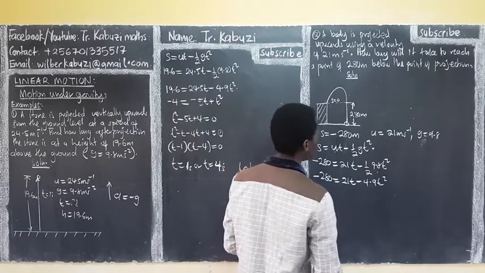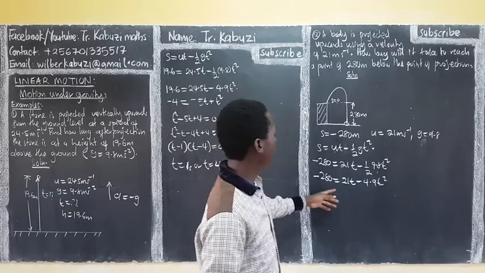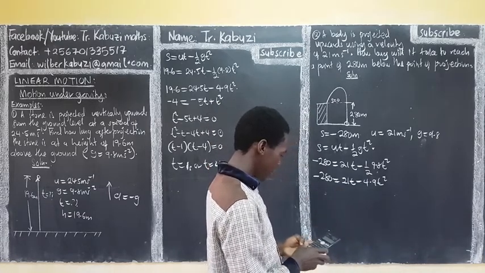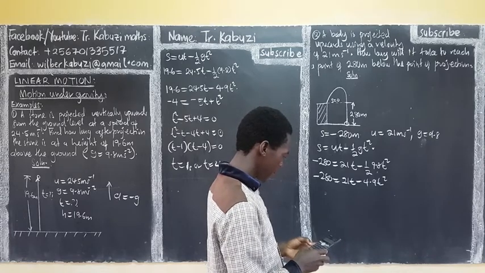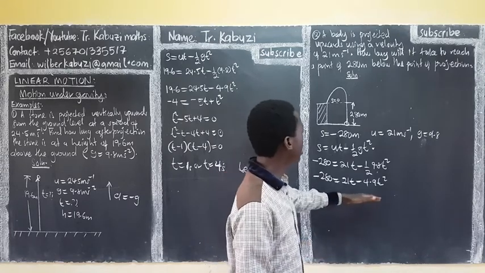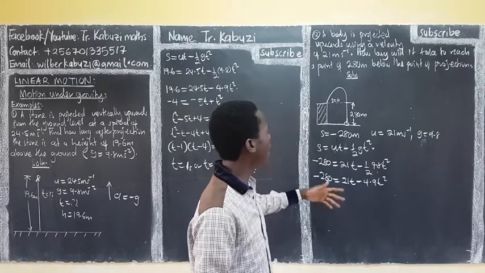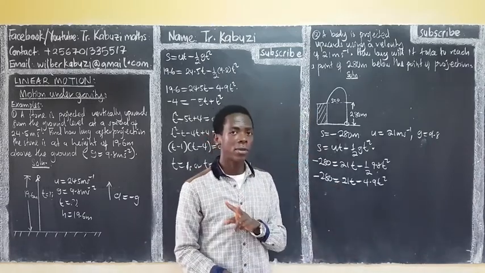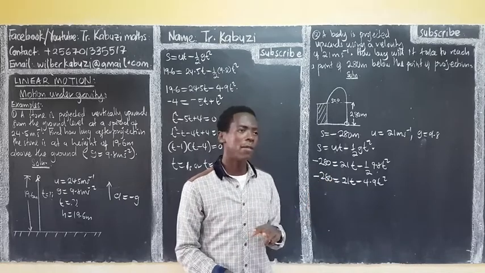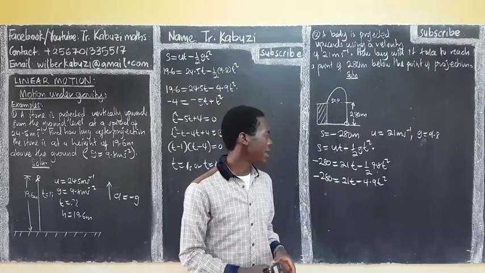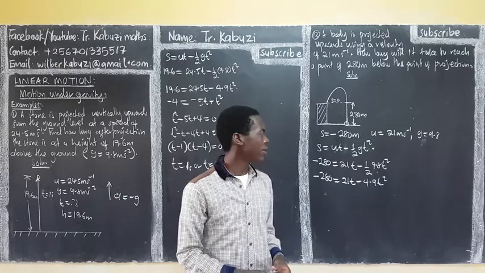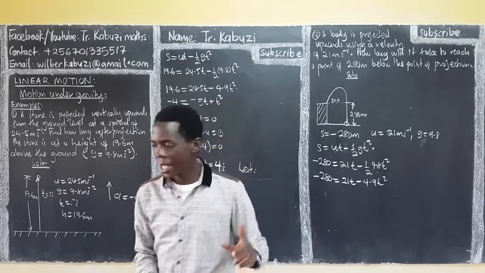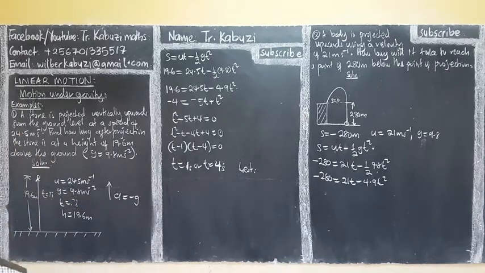Okay, so from here you can divide it through by that negative, and then you can easily get the answer there. Now here we are going to get a negative and then a positive. Of course our time can't be negative, so we are going to reduce it to the positive one. So I think we can complete from there.